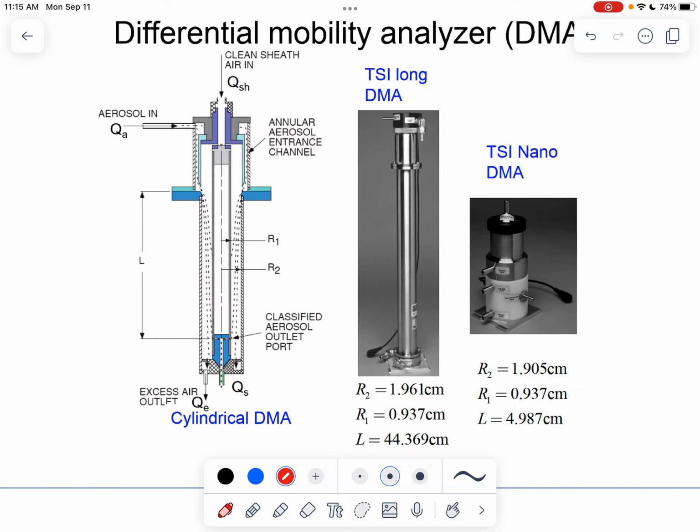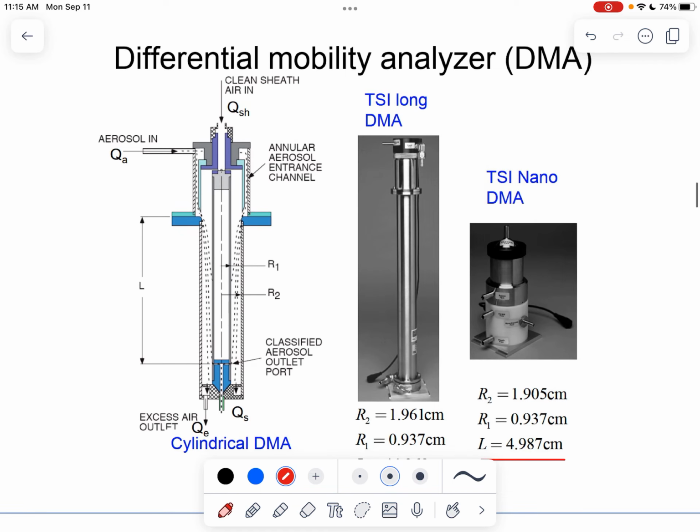Okay, so these are showing the schematic diagram of the DMA. And as I've introduced earlier, there are different dimensions, like the TSI long DMA is relatively long, around 44 centimeters, and the nano DMA has a dimension of around 5 centimeters. And this is just showing the internal diagram of the DMA again.